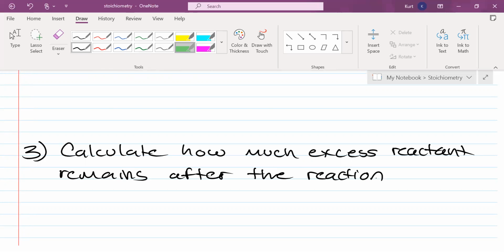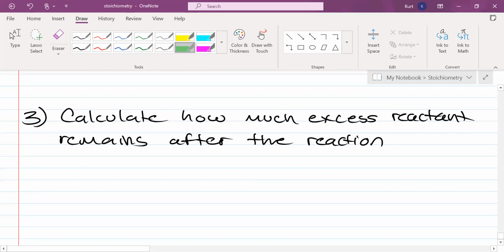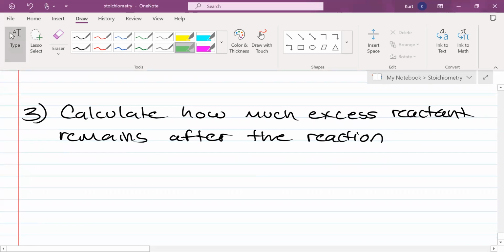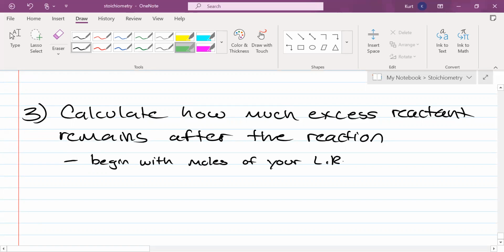So what you're going to do is first off, begin with moles of your LR and convert to mass of your excess, which should be a pretty easy step.